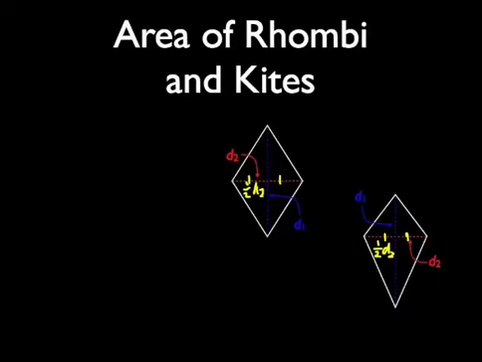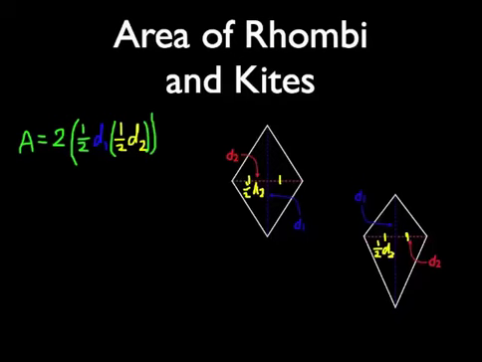So knowing that, the area of a rhombus or a kite is going to be 2 times the area of one of those triangles. The area of one of those triangles, there's the 1/2, the base, which happens to be diagonal 1, times the height. And the height is 1/2 of diagonal 2.